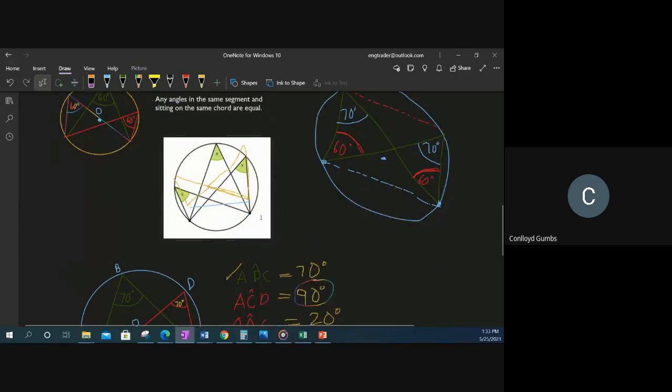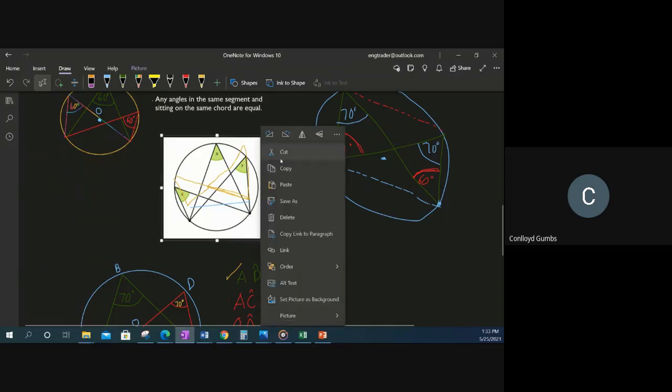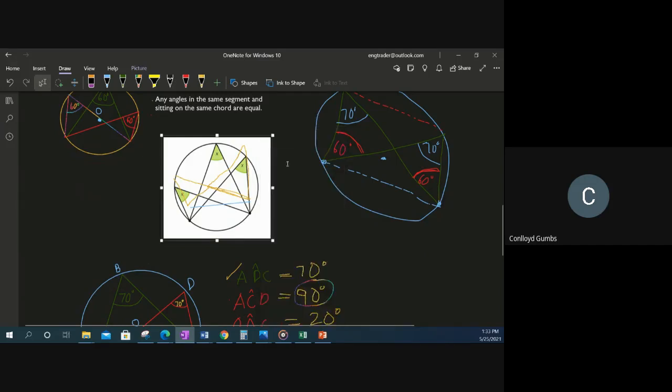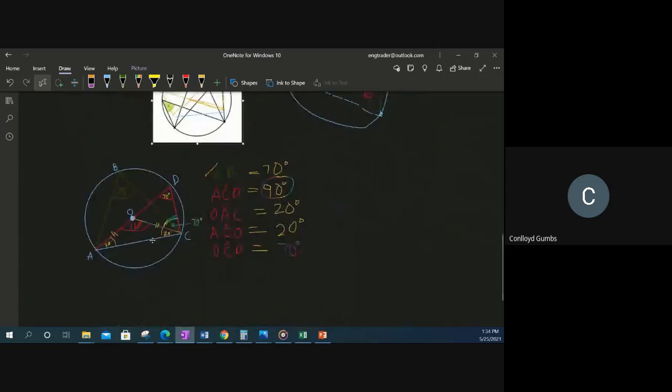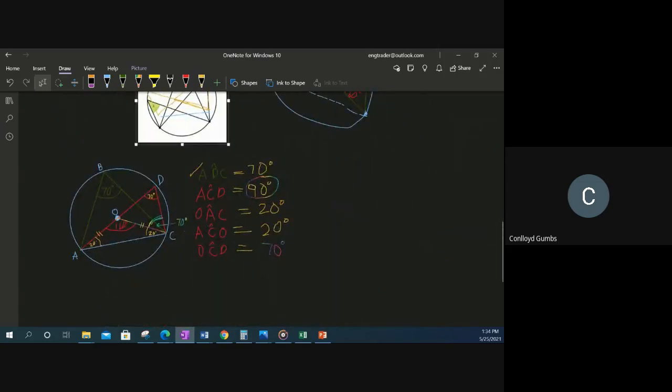But if we could get it to rotate, we would expect that this here would be on the other side of that. Let's see if we could get it rotated.